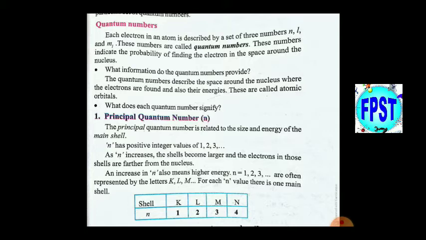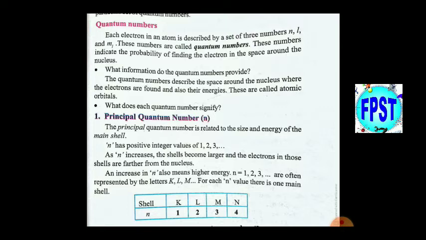In the quantum mechanical model of an atom we have come to an understanding that we could not find the electron's exact position, means the exact position of the electron is not known.